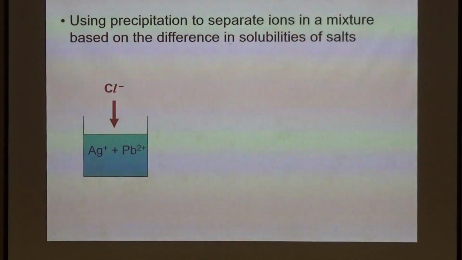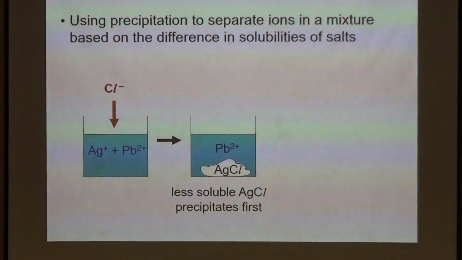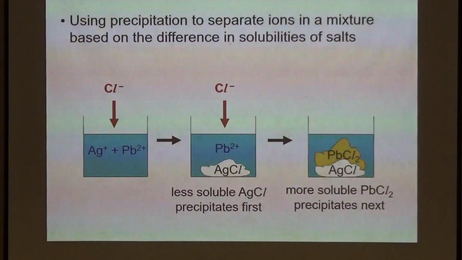So in this case, okay, you can get chloride fairly easily because sodium chloride, common salt, can supply the chloride. Now, you can precipitate out the silver chloride first because the lead chloride is more soluble. Okay? Only when you increase the chloride concentration does the lead chloride start to precipitate out.